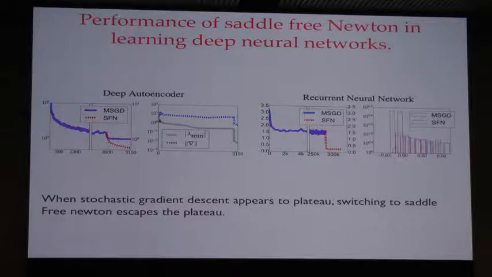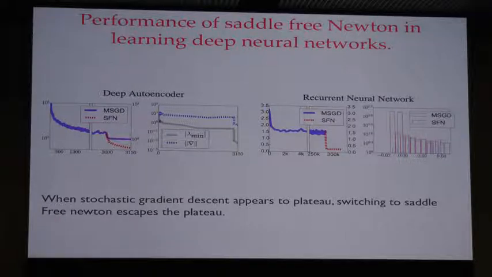So this plateau was an illusion of a local minimum. It was actually the fact that the stochastic gradient descent got slowed down but not stopped near a saddle point, and it needed to go down negative curvature directions that were not that curved. We did some other simulations where we checked that whenever there was a sudden drop with the saddle-free Newton method, there was a sudden rise in the negative curvature eigenvalues of the Hessian.